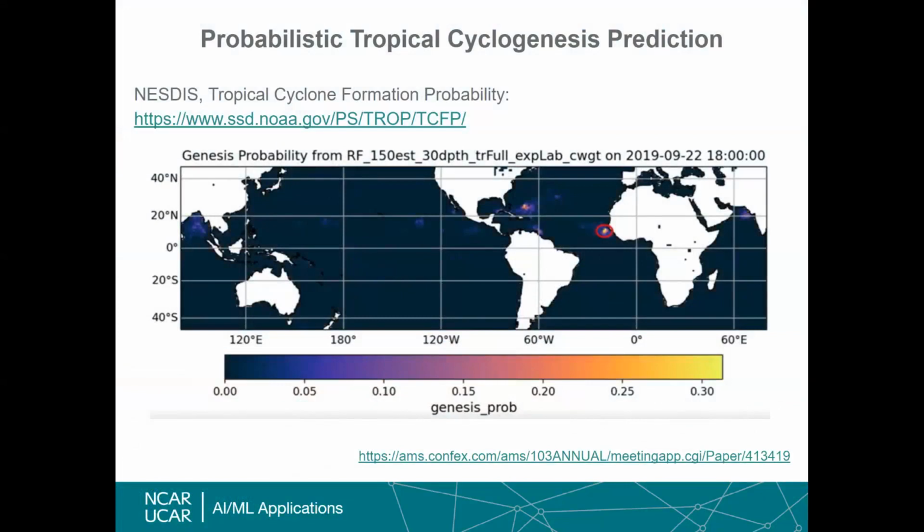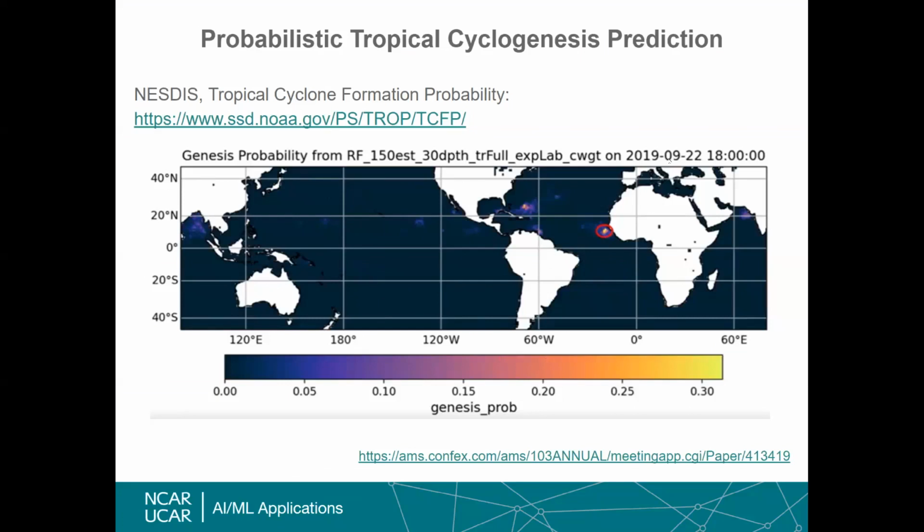So this is a first example. This is a probabilistic tropical cyclogenesis prediction tool, and it uses AI to identify areas and give a probability of tropical cyclone formation. This was produced by NESDIS. This is an operational tool for the globe, basically. And so you can see here that the colors represent a probability.